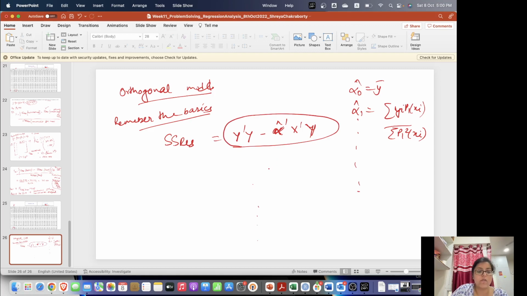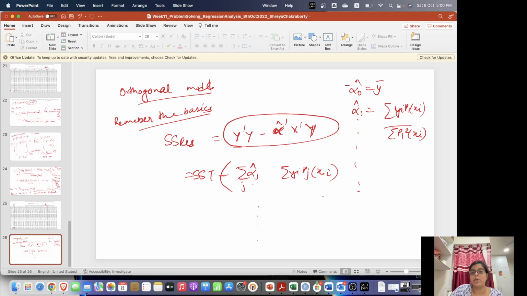So even if you don't remember the actual formulas, this would be SST minus summation alpha j hat summation yi pj xi. So in case you are unable to remember these formulas, you just remember the basic multiple linear regression formulas, and once you have the coefficient, the alpha values, you use that in the subsequent models, and you go back to the lectures and see how these formulas were derived.